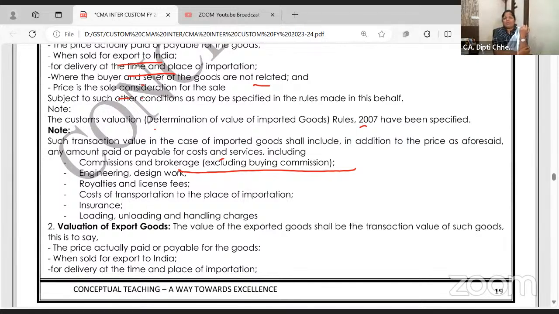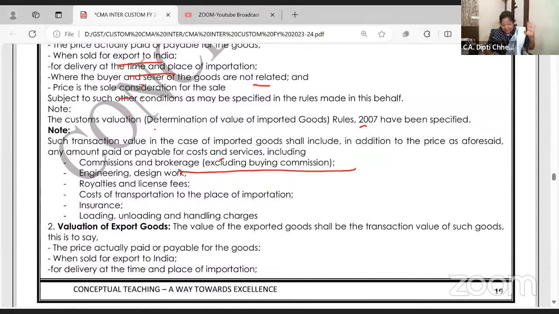I am not going to go to Vizag. So if I have appointed an agent who acts on my behalf as a buyer, he will charge buying commission. That is not part of the value on which customs duty is charged. What am I teaching you, beta? Are you all clear what I am teaching you?